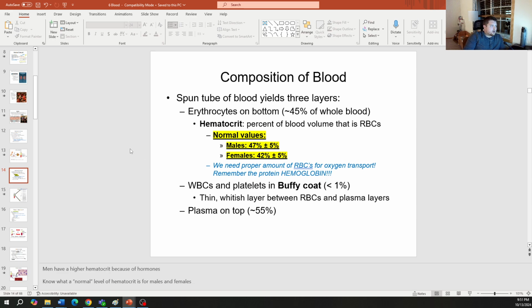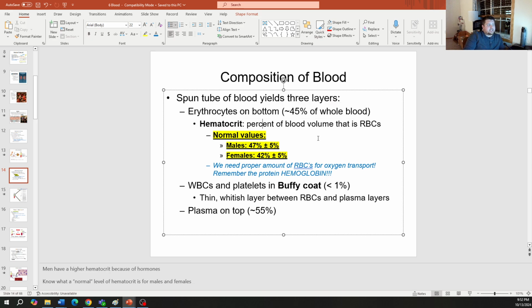When we talk about blood itself, there's a certain formula, a certain recipe that we want to follow to make sure that our body is good and healthy. Like how much of each of these is normal and how much do we need. So we have something called hematocrit.